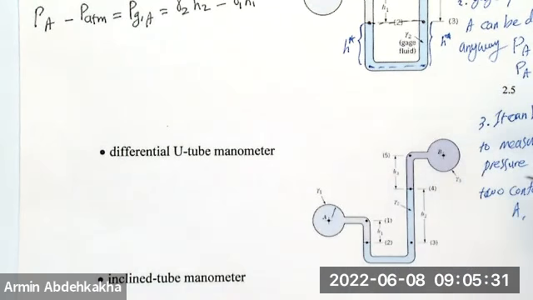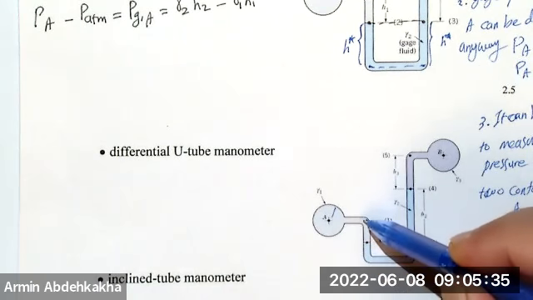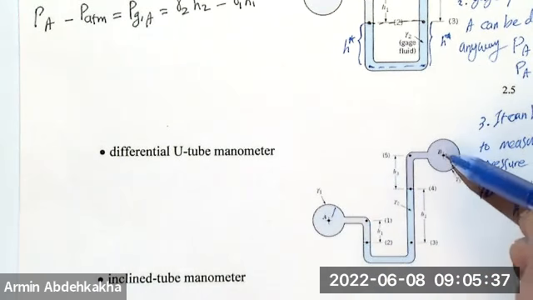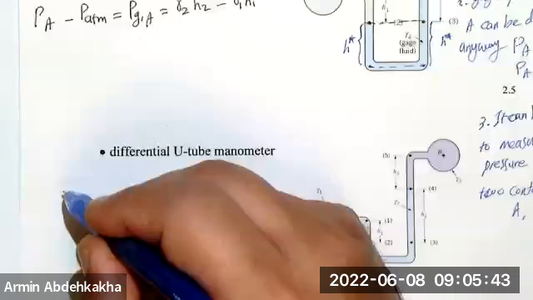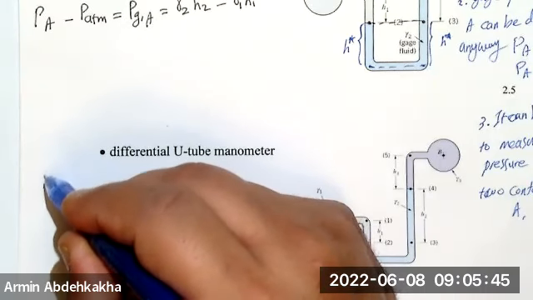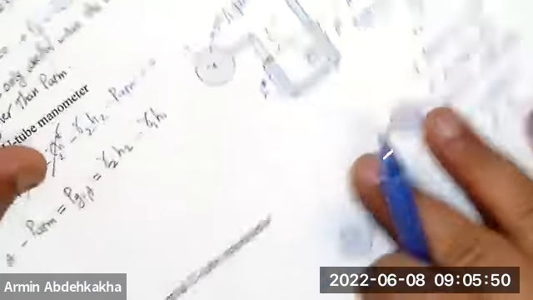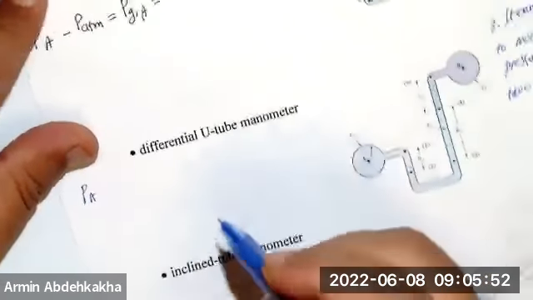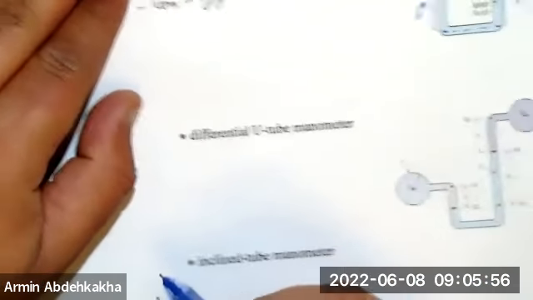Then instead of trying to escape, you can move along this line, move through the tube, and go to the pressure at point B, or PB, right? So first, you have PA. Okay, you have PA.